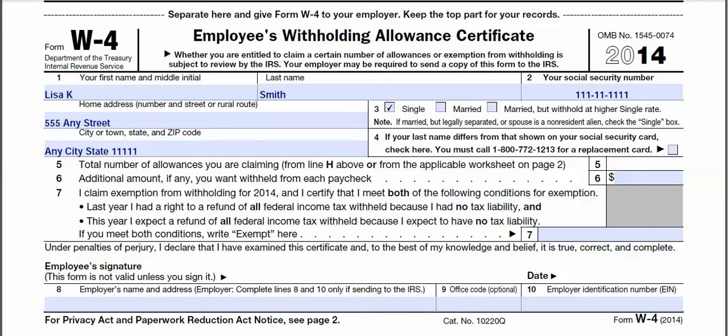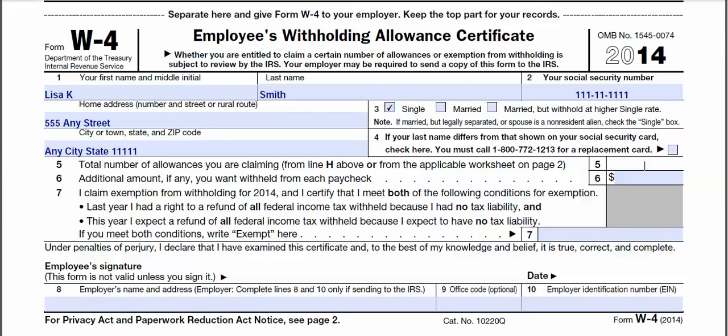Number 6 asks you if you would like to have an additional amount of money withheld from each paycheck. Now, certainly you are allowed to do that, but you also must list a number of allowances to claim. So let's say that you want to claim 1 allowance because you do want to have a fair amount of money withheld.